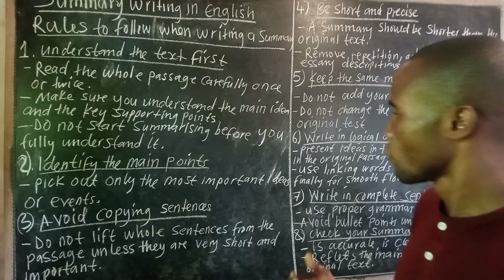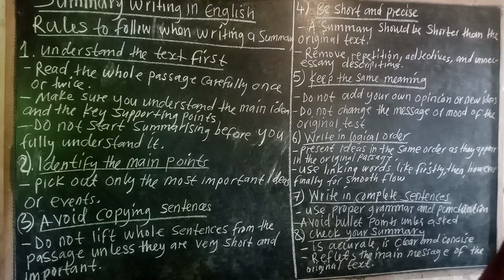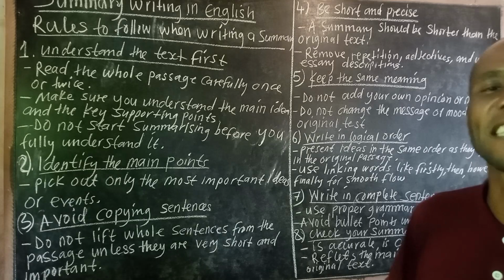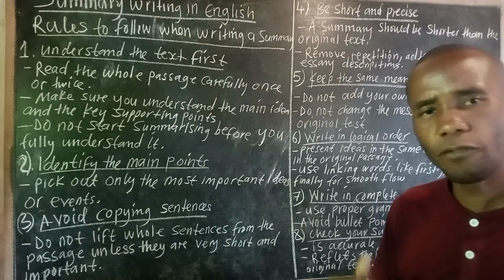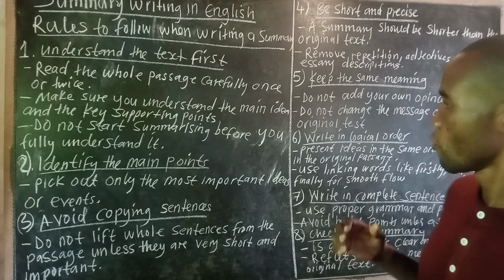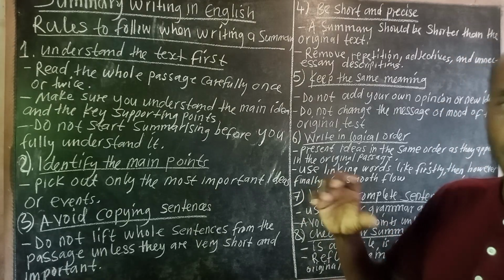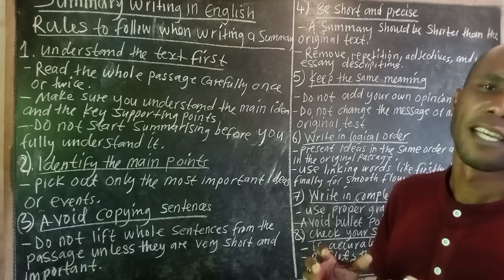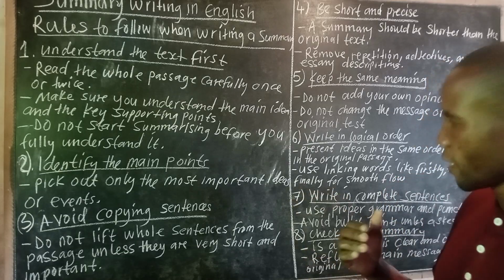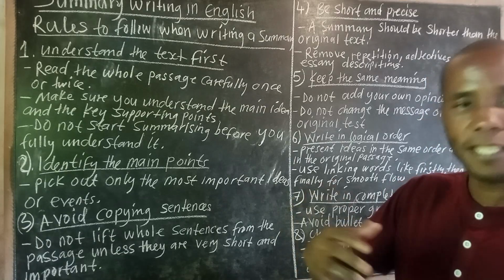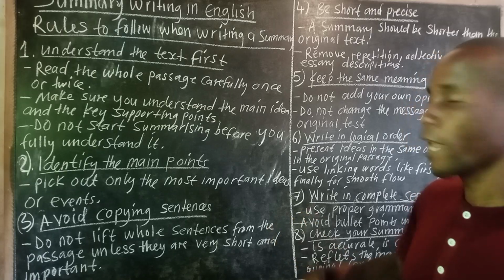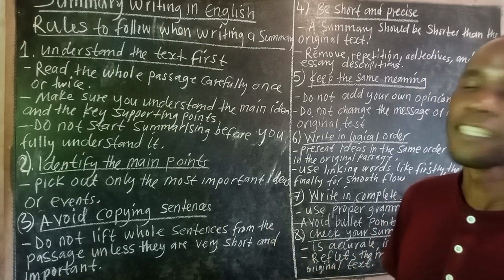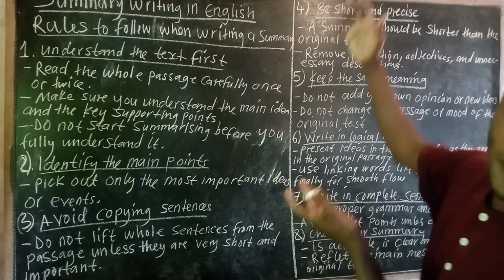Then from there, you come to 3, avoid copying sentences. What does that mean? Do not lift all sentences from the passage unless they are very short and important. If you have a point in a given sentence, make sure you just target that point, not the whole sentence, because you end up writing the same thing. Your work is not going to be summarized; instead, it will be the whole passage.